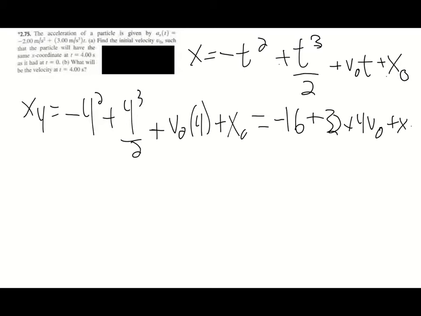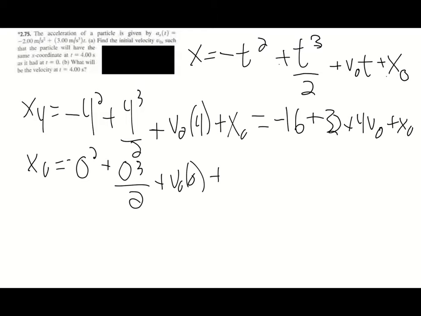plus x naught. Okay. Then we do the same thing for x of 0. That's going to be negative 0 squared plus 0 cubed over 2 plus v naught times 0 plus x naught. Well, that's not going to be rocket science. That's going to be x naught. Okay. And it says that those two have to be equal. Well, that's not going to be tough.